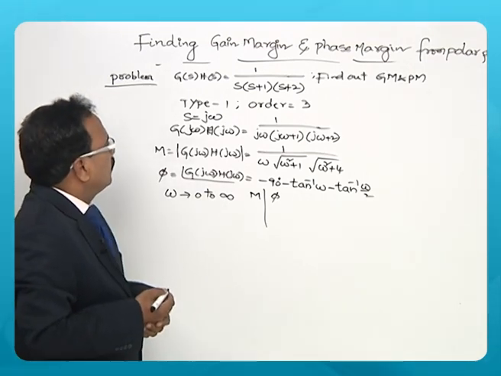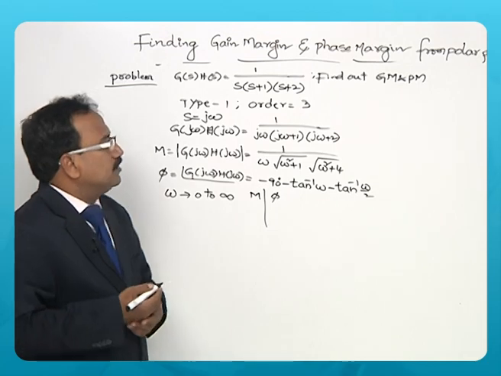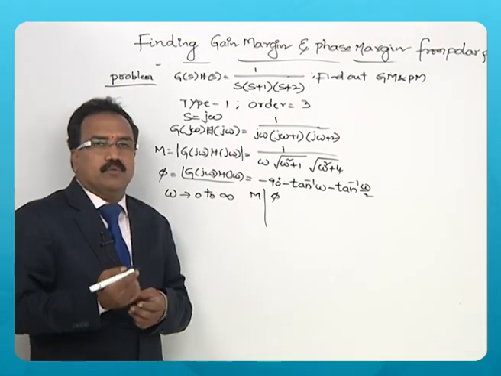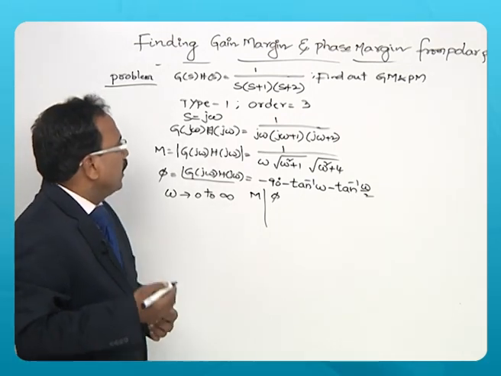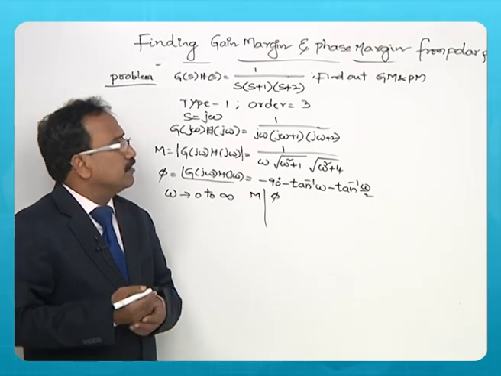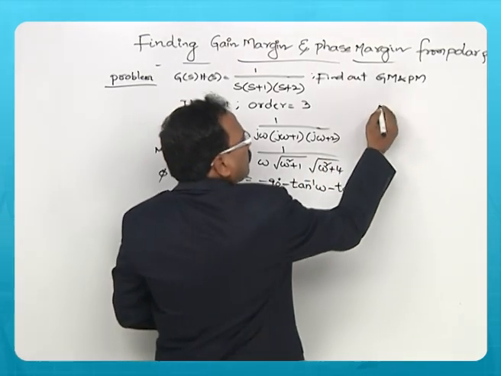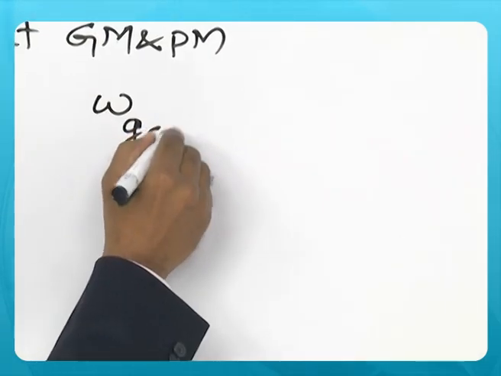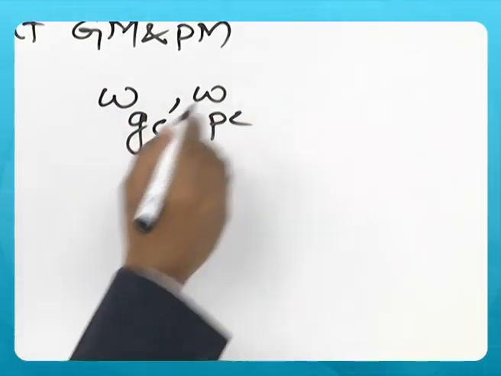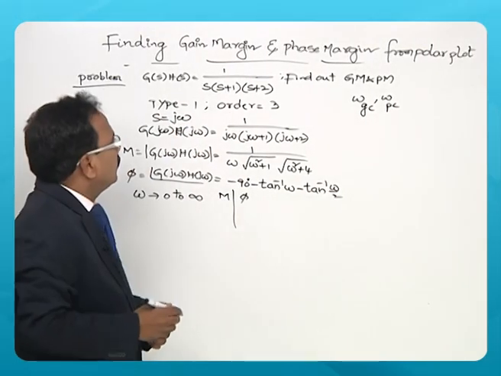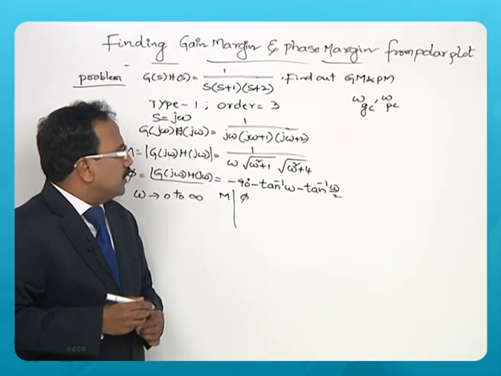Now, to determine the gain margin and phase margin, without drawing the plot, I must know the gain crossover frequency and phase crossover frequency. So, omega GC and omega PC I must know to determine the gain margin and phase margin.